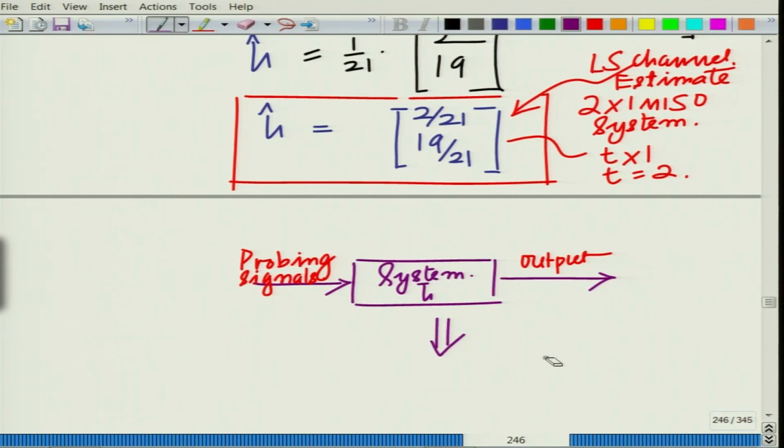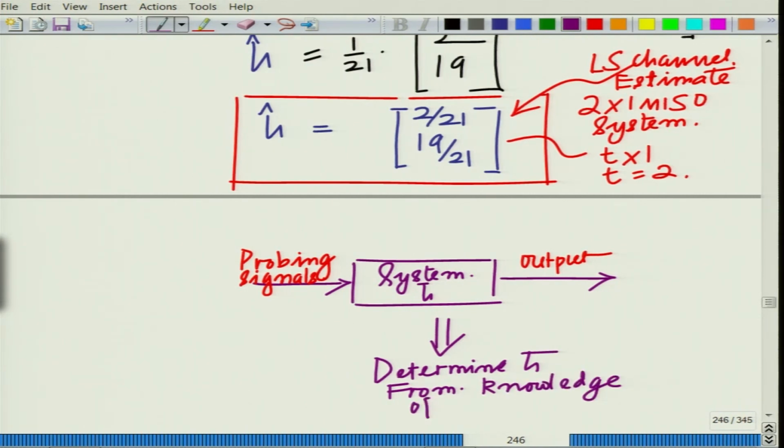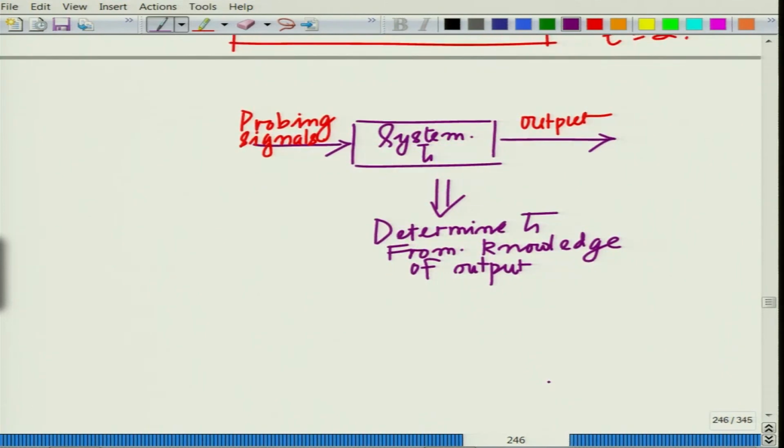So, determine h bar from the knowledge of output, or you can say from output and knowledge of probing signals.